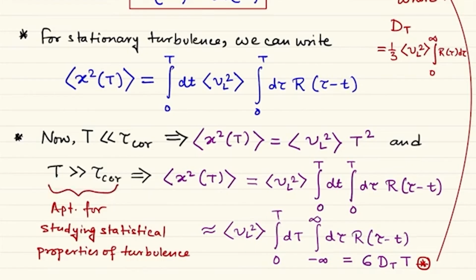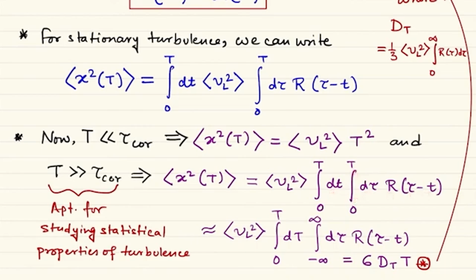Now if we are in this position, then we can say that the mean square displacement will simply be <V_L square> averaged, which is constant, so it comes out, integration 0 to t dt, integration 0 to t dτ r(τ minus t).